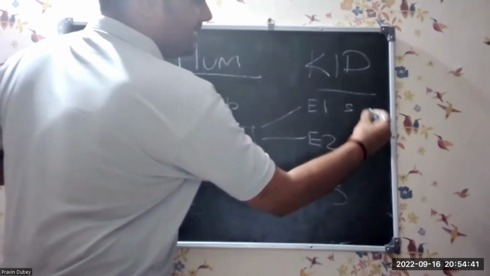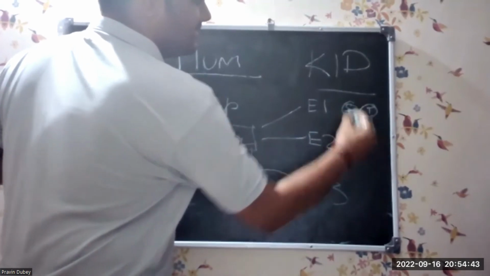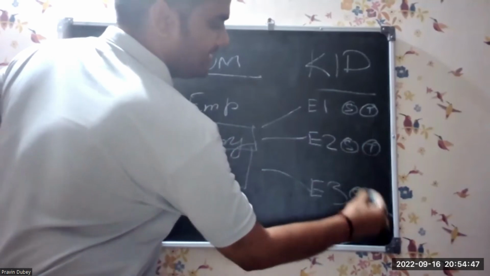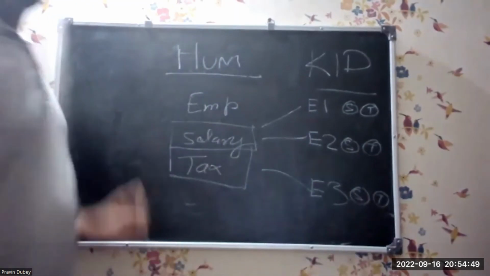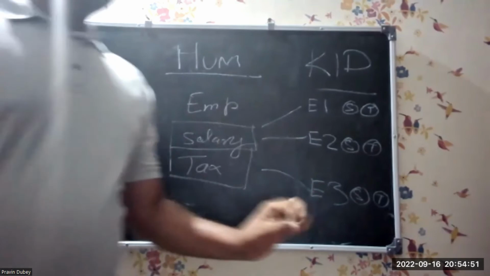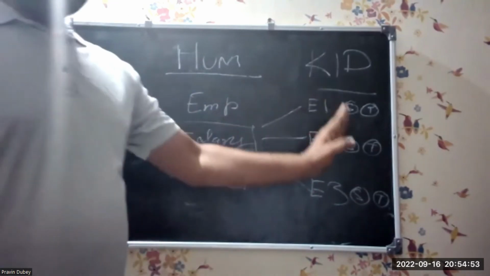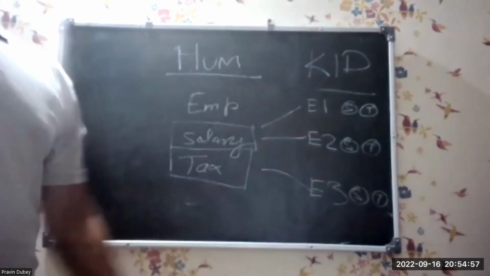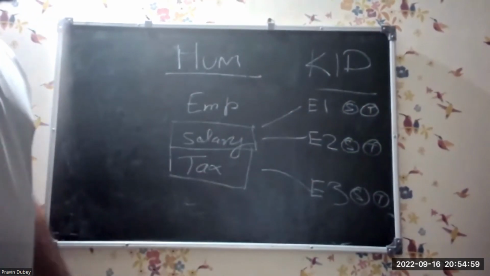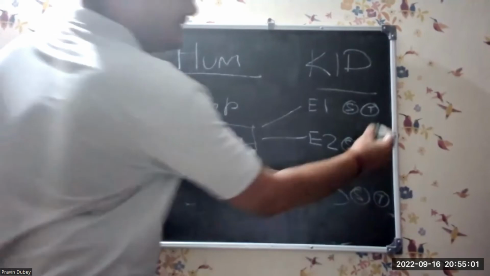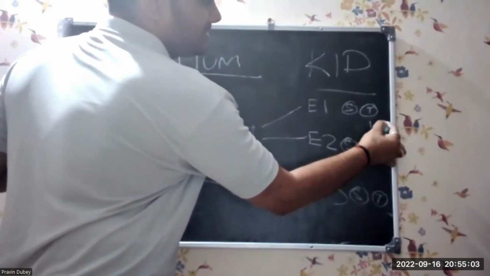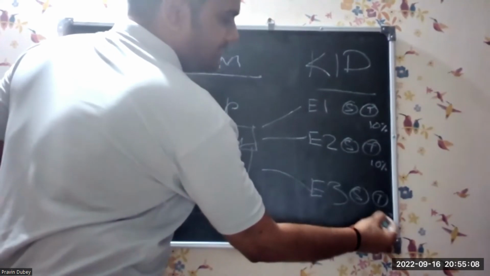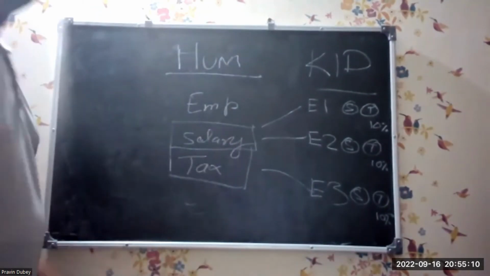So this will have salary, this will have tax. This will also have salary and tax. Now let's assume for a minute that tax is common for all employees across the globe. So that means this stores 10% of tax, 10% of tax, and 10% of tax.